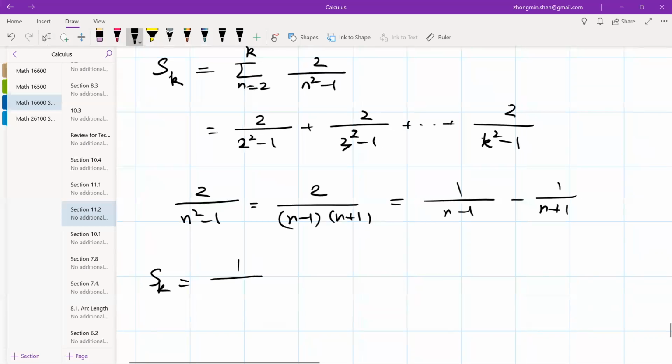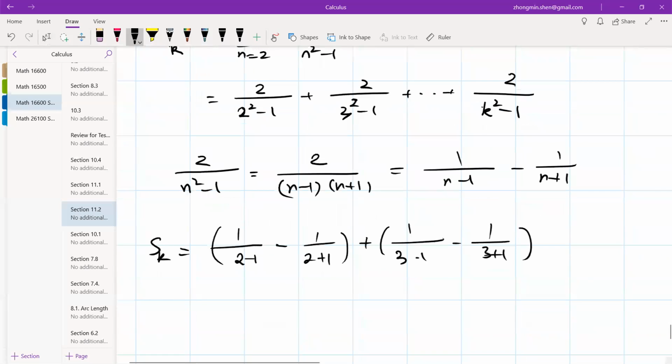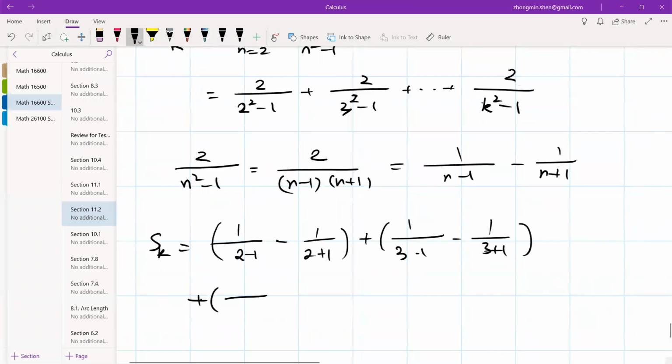It's going to be 1/(2 minus 1) minus 1/(2 plus 1), that's the first term. Plus 1/(3 minus 1) minus 1/(3 plus 1). And 1/(4 minus 1) minus 1/(4 plus 1).